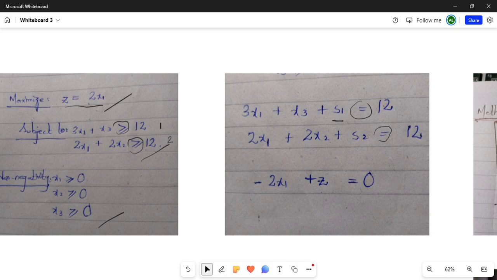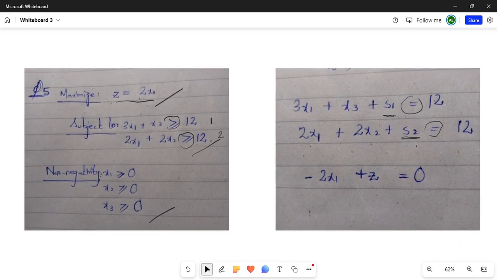Slack variables are those variables which we use to make inequalities into equations. Here we have used s1 for this constraint, and similarly s2. So we have the first equation 3x1 plus x3 plus s1 equals 12, and the second equation 2x1 plus 2x2 plus s2 equals 12.